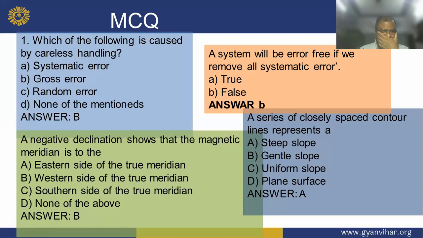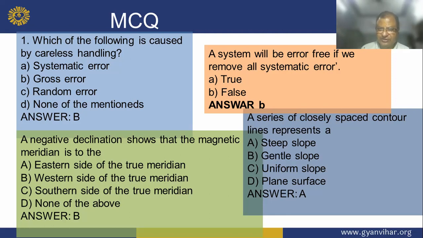Next question: a negative declination shows the magnetic meridian to the... So which answer is correct? The correct answer is B, western side of true meridian. Next, a system will be error free if we remove all systematic errors. The correct answer is B, and it is a false sentence.